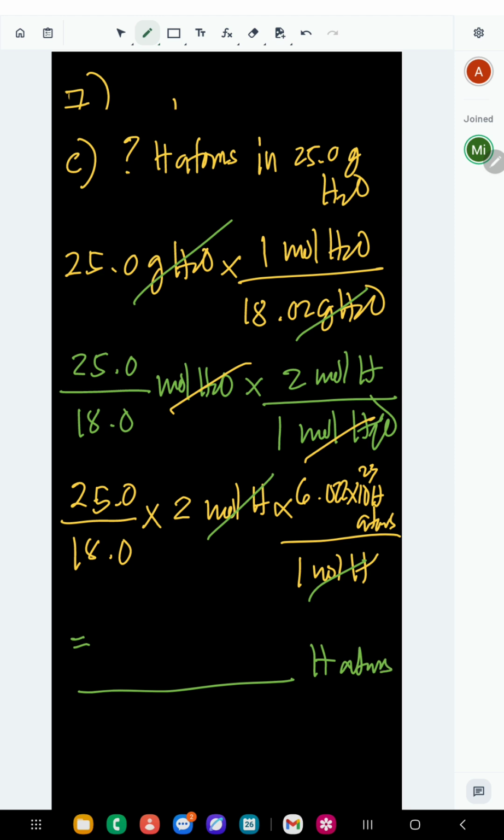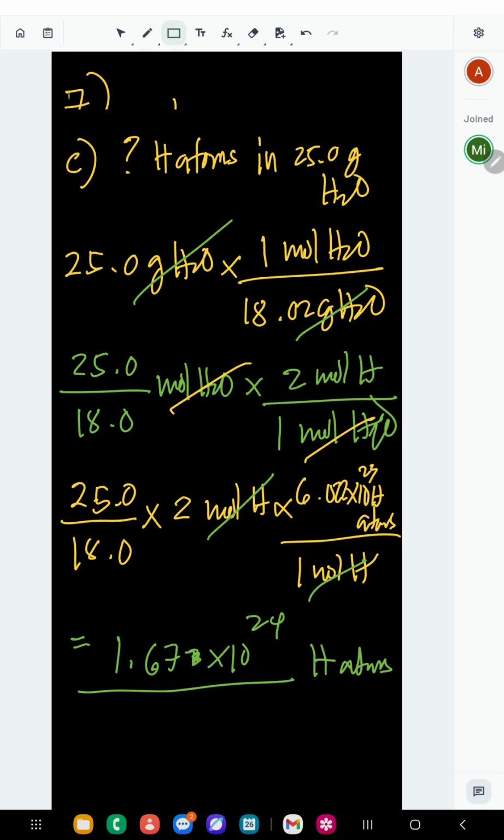So what is 25 divided by 18 times 2 times 6.022 times 10 to the 23rd? What did you get? Okay, 1.673 times 10 to the 24th hydrogen atoms. You have to check your significant figures when you multiply and divide, so the least number. So maybe 1.67 only.